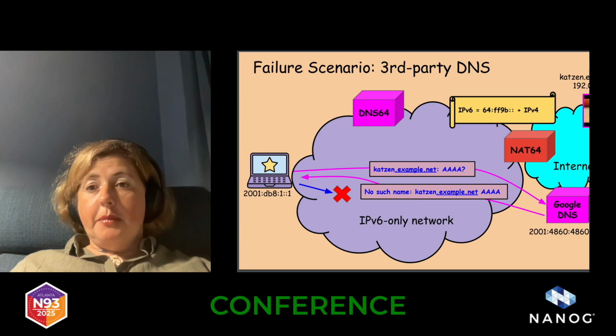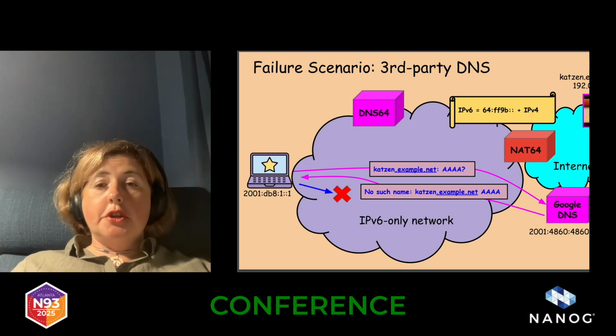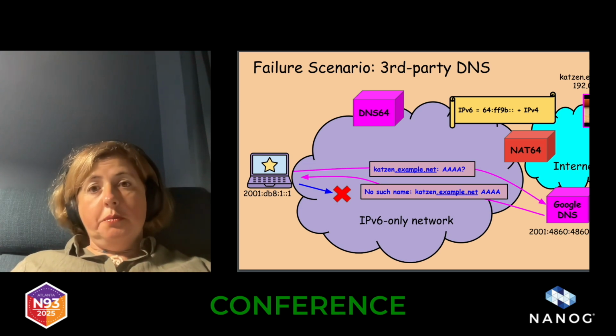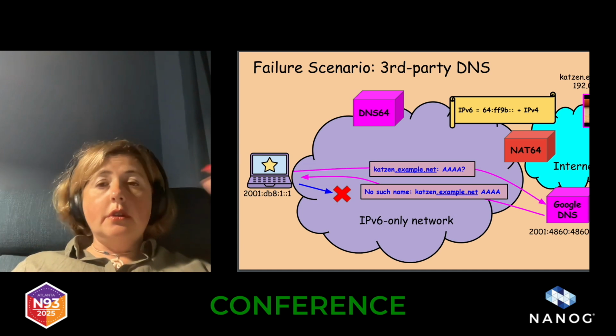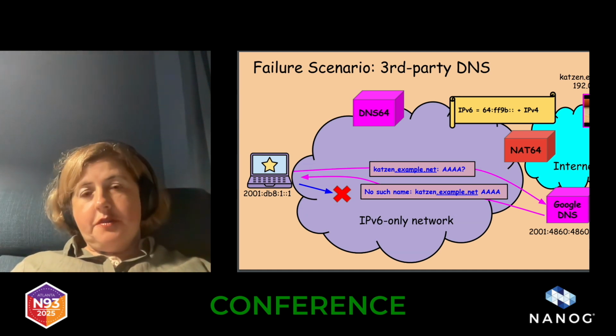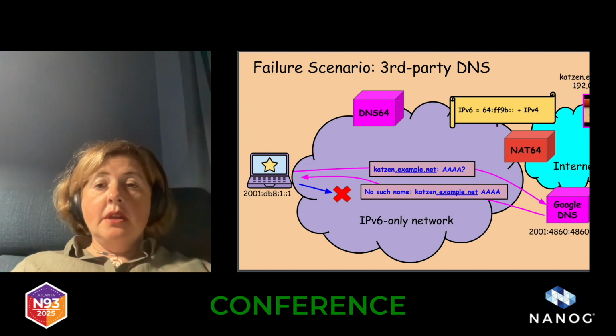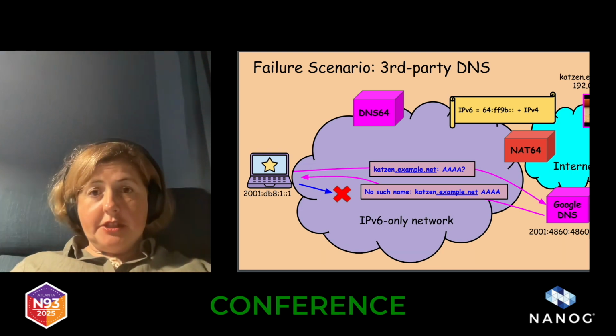For example, the client might have Cloudflare or Google DNS configured, or even worse, it could be a corporate policy enforced on the device, which forces the client to use their corporate DNS all the time. Those DNS servers obviously are not DNS64, have no knowledge about the NAT64 prefix in the network, so the client cannot benefit from DNS64.